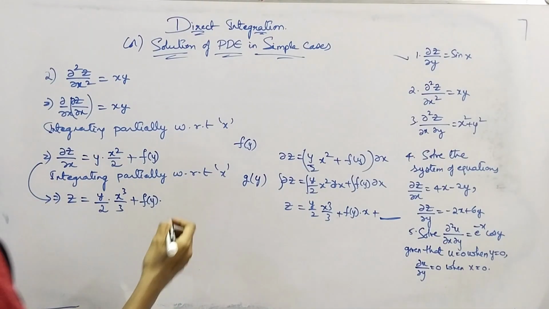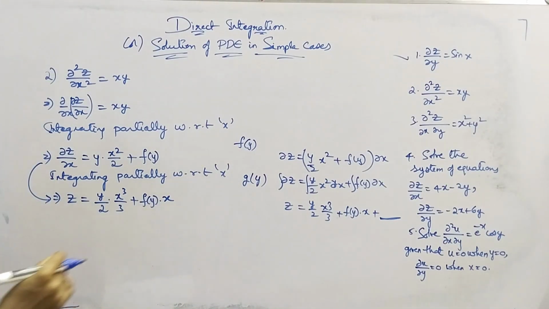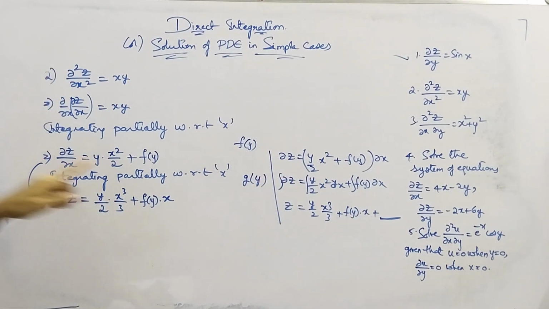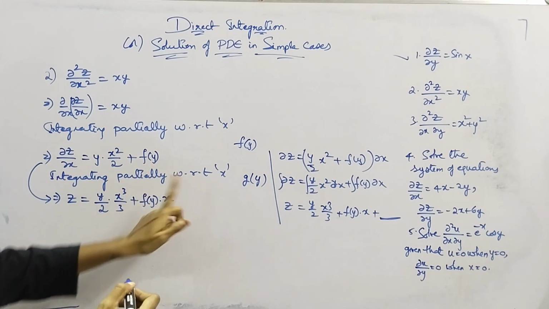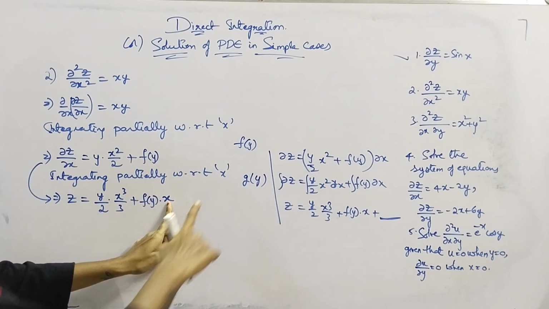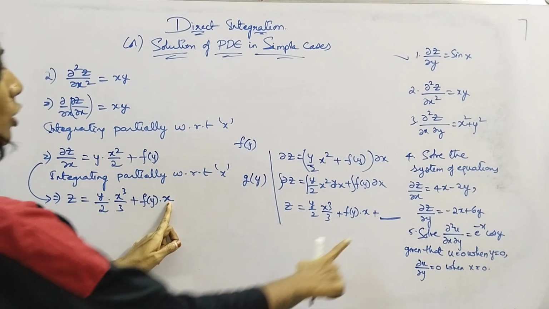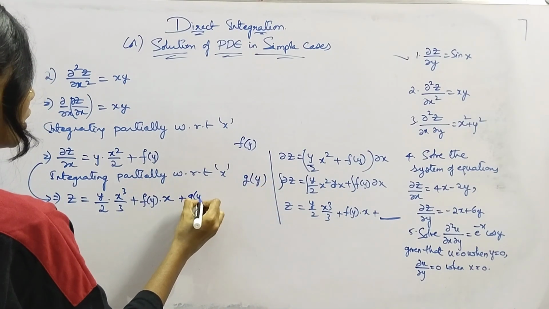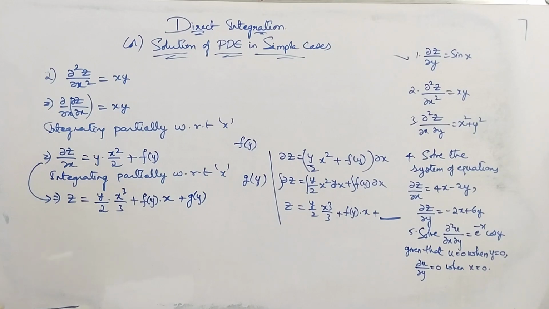Here you can just write x directly, but some people may get confused, so I'm showing this, okay? So here we have a constant and we are integrating, so you'll get into x, with respect to x you are doing, so you'll get into x plus the constant of integration g of y, right?